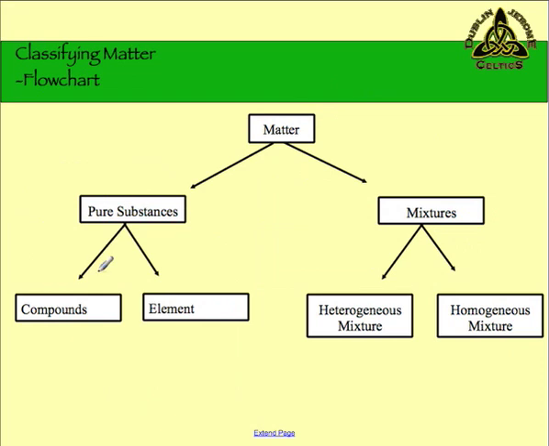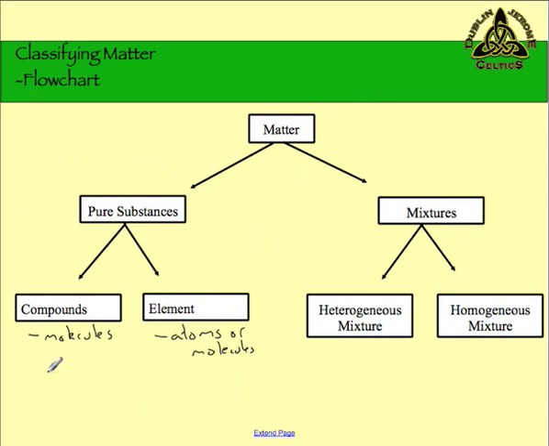If it is a pure substance, it is a compound. And remember, compounds have to be molecules. Or a pure substance, if it is one type of atom, can be an element. And elements can be atoms or molecules.